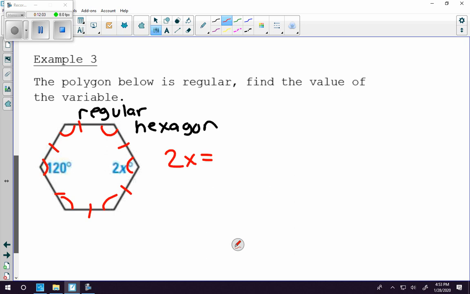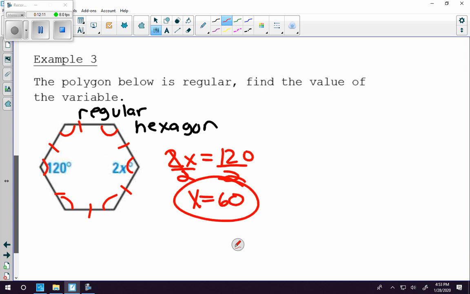Therefore, that angle is congruent to that angle. If we divide both sides by 2, we get the value of the variable. X is equal to 60. We're definitely not going to put a degree symbol there because that angle is 2 times our answer, and it's not represented just as X. So we're not going to give it a degree symbol label.